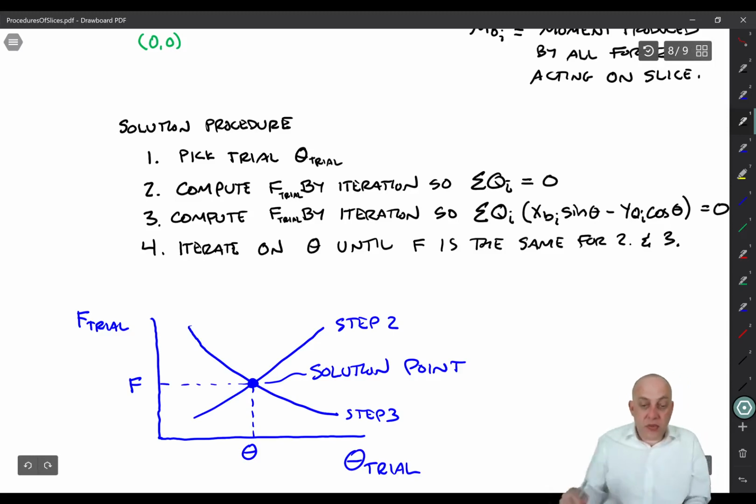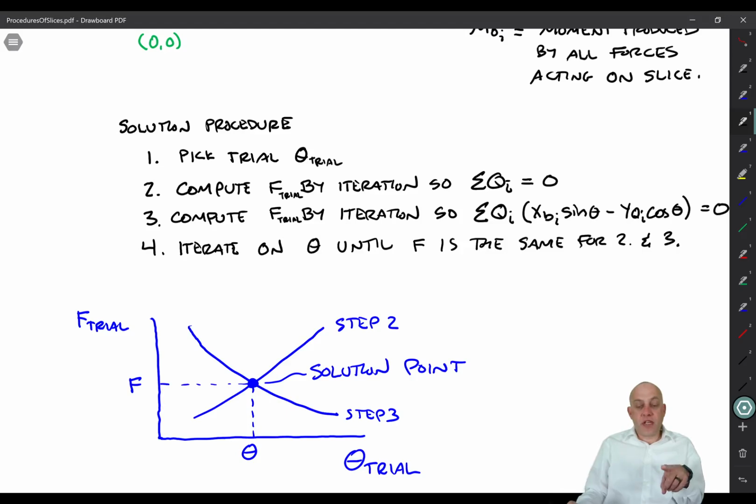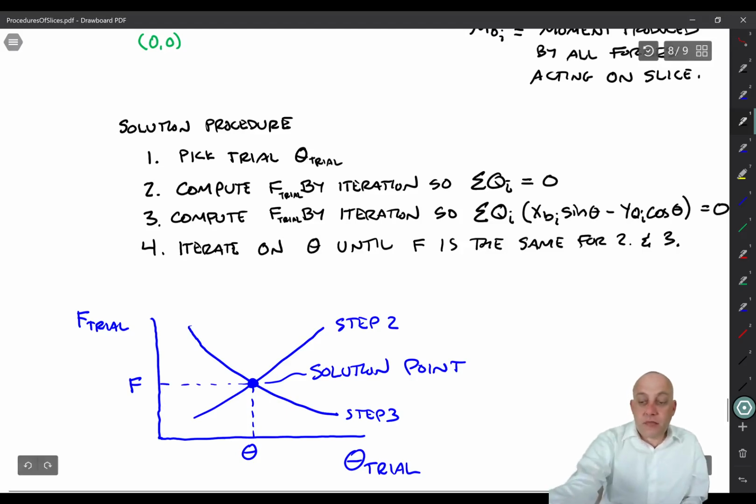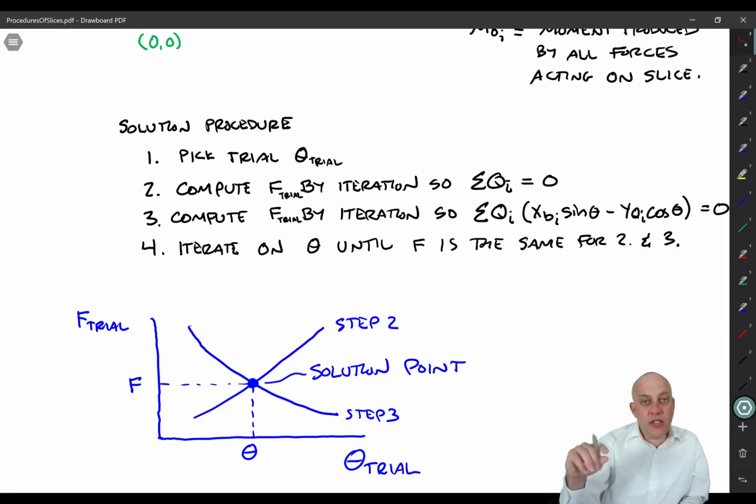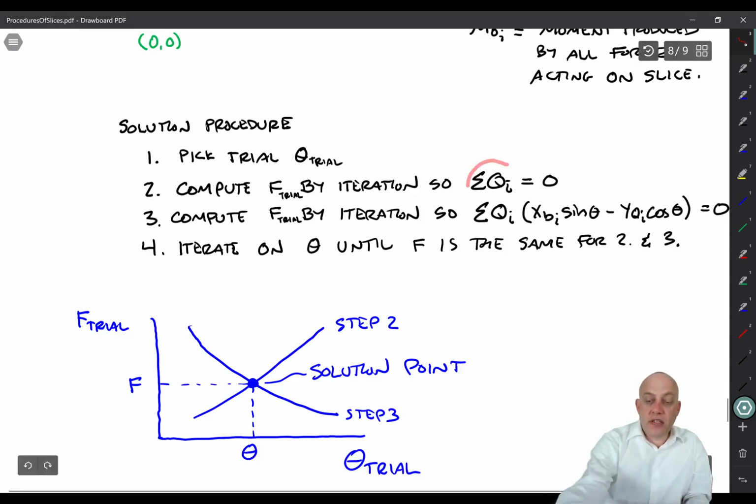And we have to compute one F trial that gives us force equilibrium. Right, so what you'll do, you assume an F value, then you compute an F value out, and you iterate until the two F's are the same. And you iterate using the sum of Q_i equals 0 equation, so that's force equilibrium.